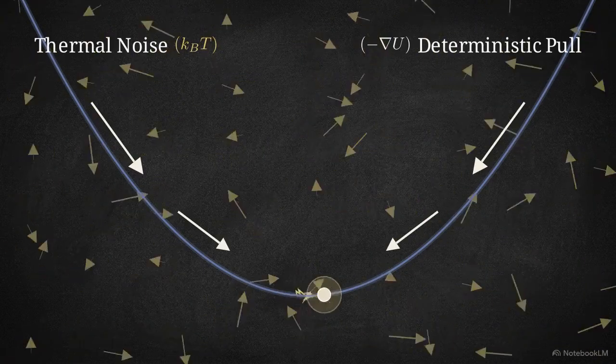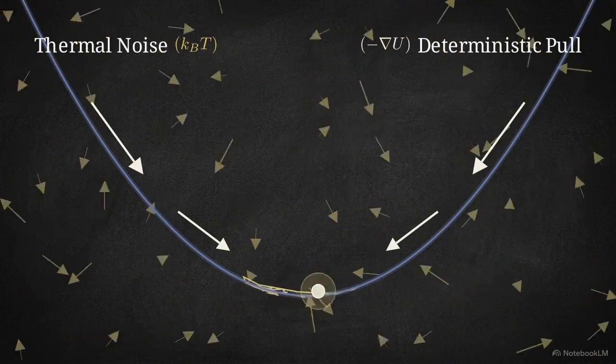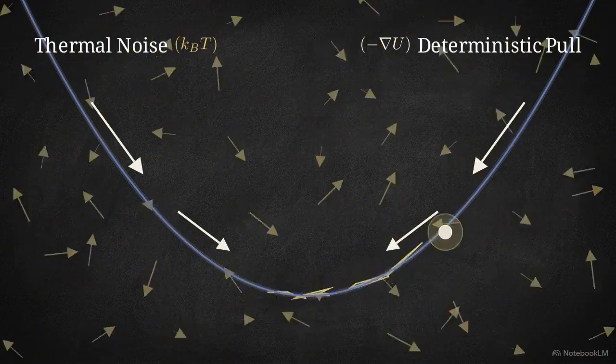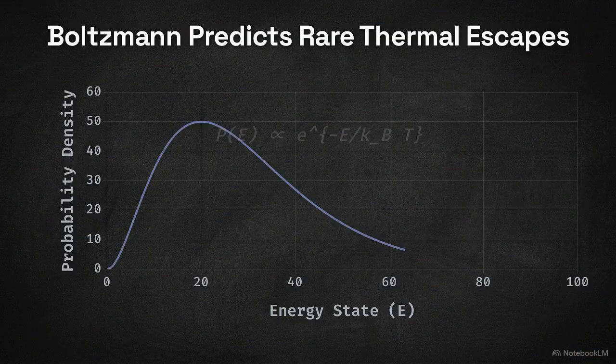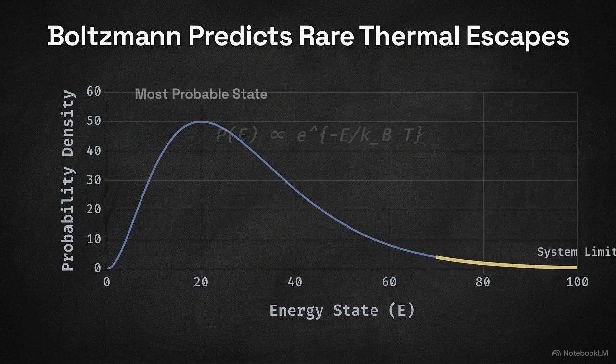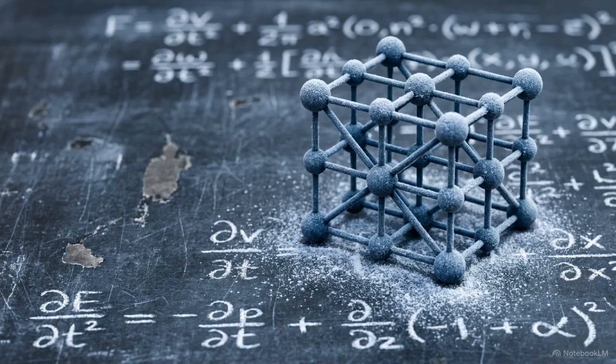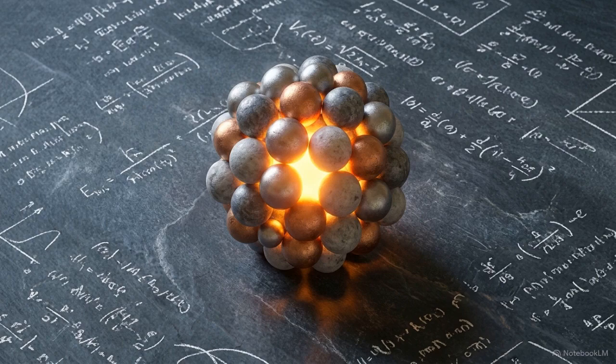It continually kicks the system against the mathematical gradient, jostling the atoms out of perfect equilibrium. The probability of these random thermal kicks accumulating enough energy to successfully push the system over a high barrier is strictly governed by the Boltzmann distribution. Without this thermal noise, the simulation would instantly freeze at the bottom of the very first trench it encountered. Temperature is the necessary engine of exploration.